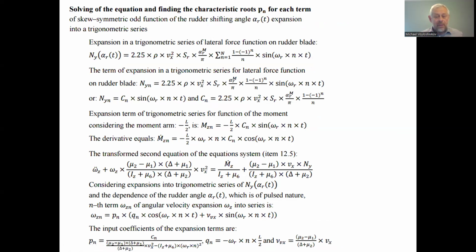And so if we have the function of the impulse nature, we can find the expansion in the trigonometric Fourier series of the function of the transverse force arising when we turn the rudder. The transverse force dependent on the angle of the rudder turn is equal.